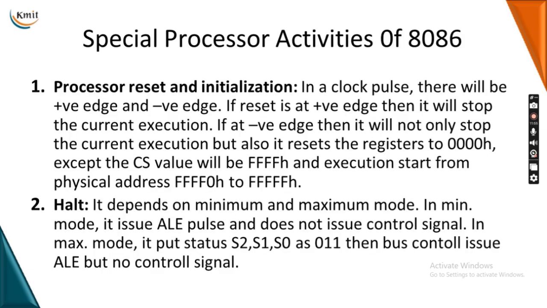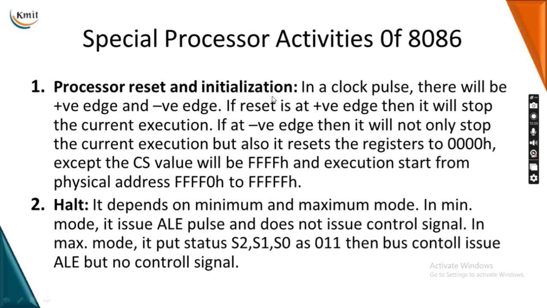Next topic is special processor activities of 8086. So what are the various special activities that 8086 can perform? First activity is processor reset and initialization. You can get a reset operation of the processor, and then initialize it.